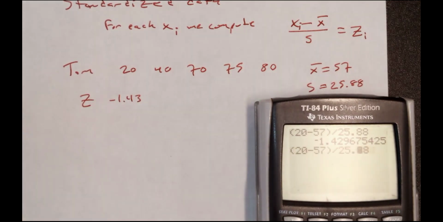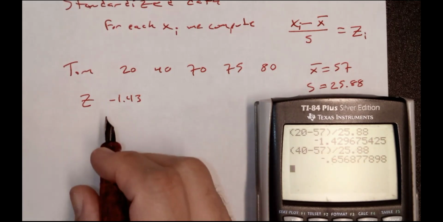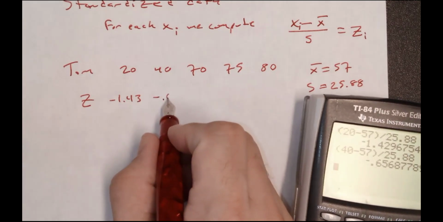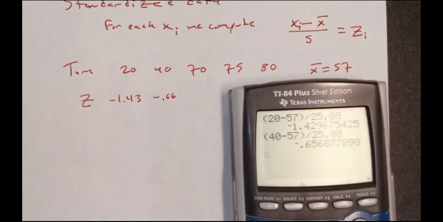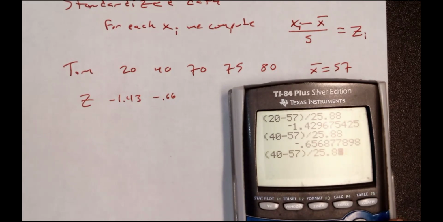Repeat this with a 40. Negative 0.66. Now, as soon as I hit 70, I know these numbers are going to be positive.